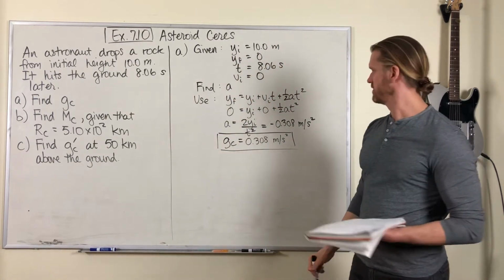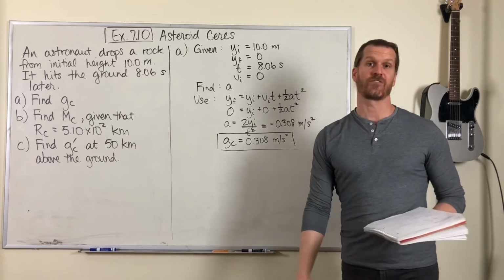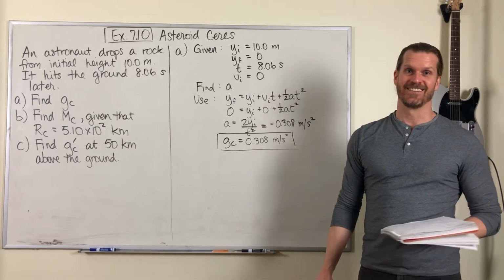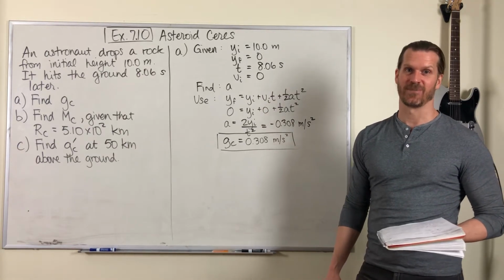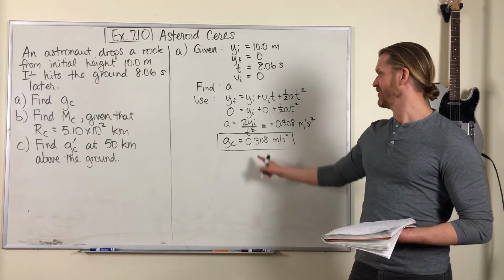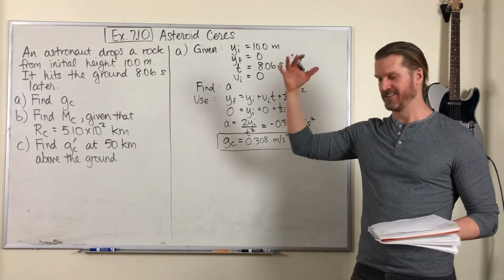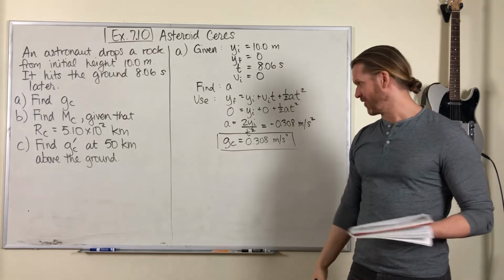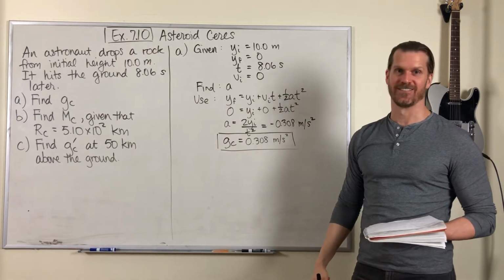for an asteroid. Notice it's a lot smaller than the free fall acceleration on planet Earth. A lot smaller than 9.8. If you dropped a rock, it would take forever to fall down.